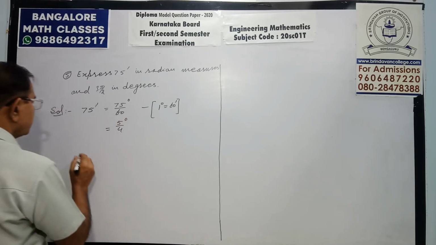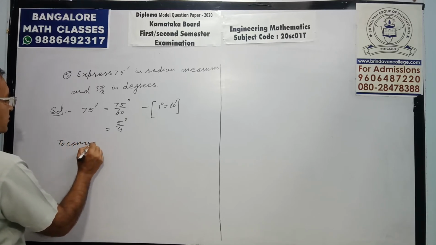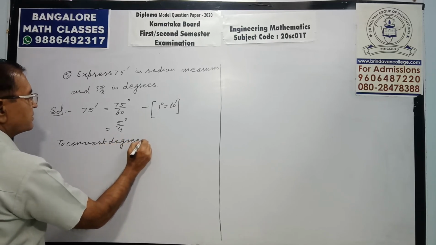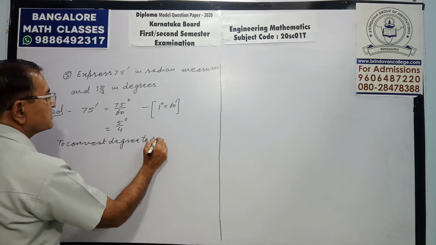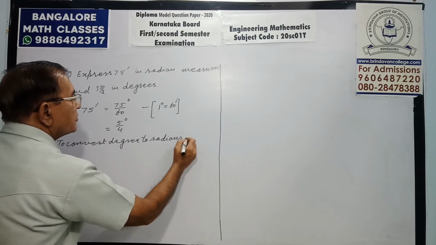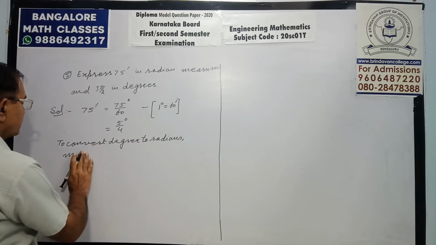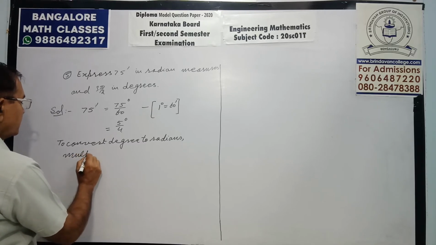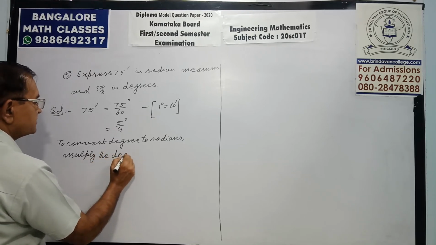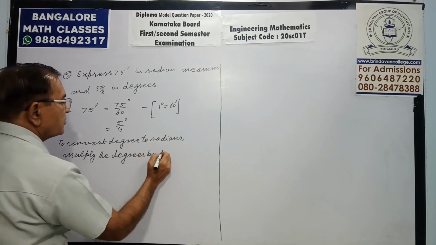To convert degrees to radians, multiply the degrees by pi by 180.